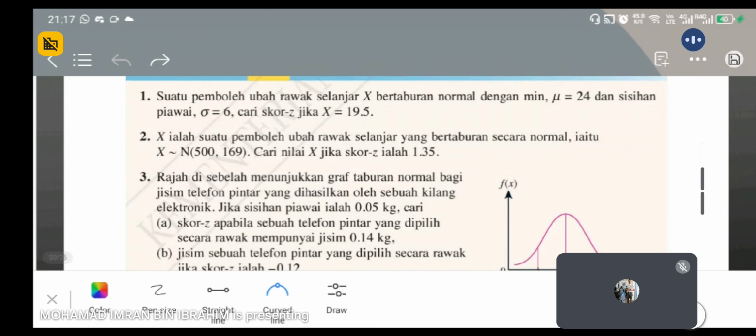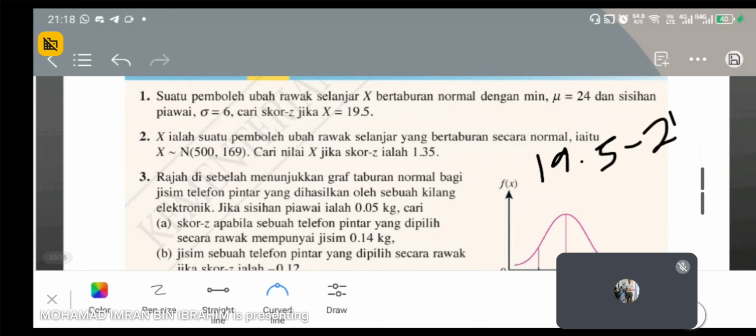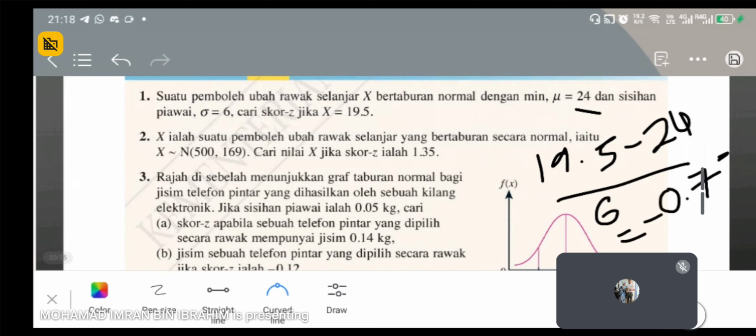Anyone can answer that. Okay. So what's that? Just put inside 19.5 minus 24 over 6. You will get negative 0.9.